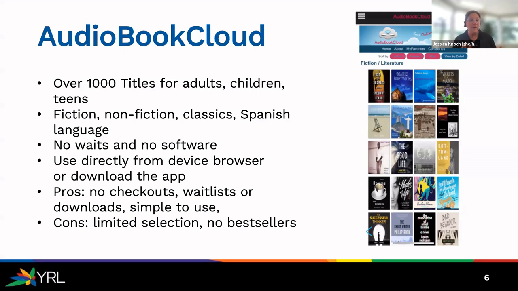There is an app that you can download for AudioBookCloud, but I did a little bit of experimenting this morning. The experience on the app and the experience of just looking at the book in my browser was exactly the same. What you see on the screen right now is a screen cap that I took on my phone this morning. And when I went in and looked at the same list on my computer, it literally looked the exact same.